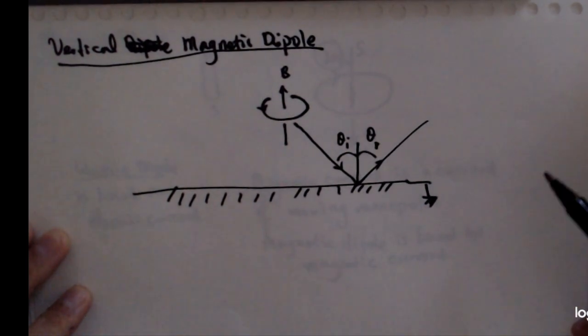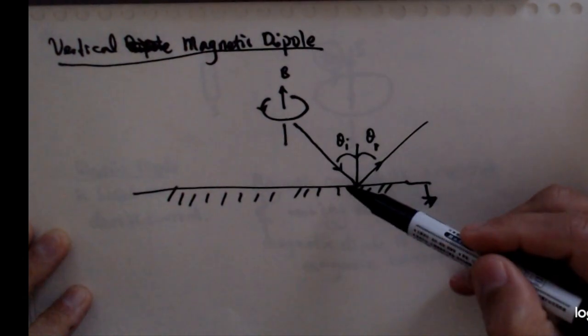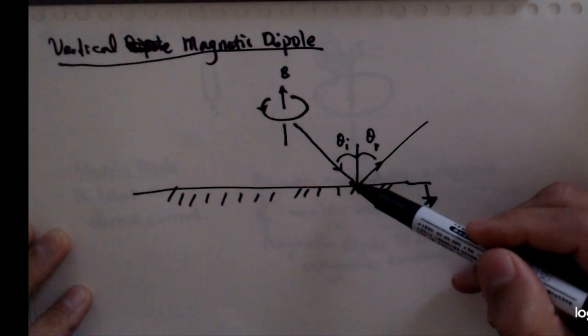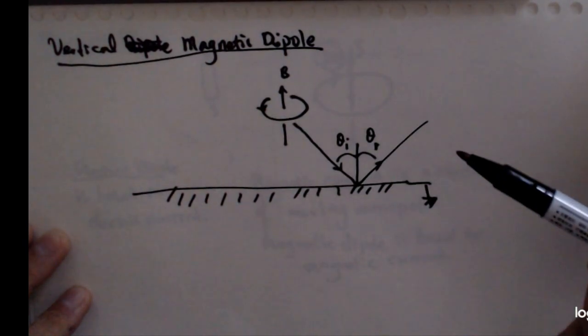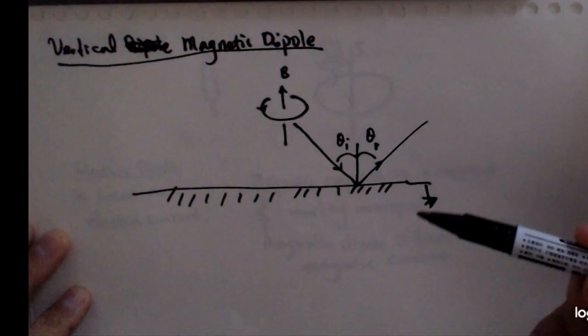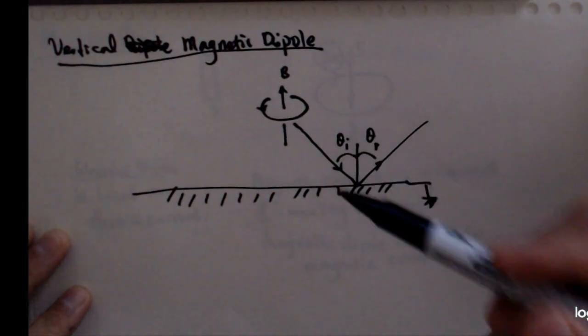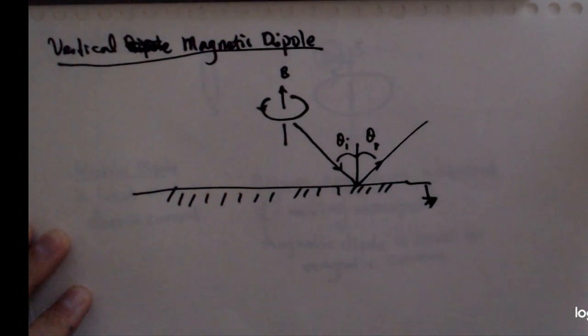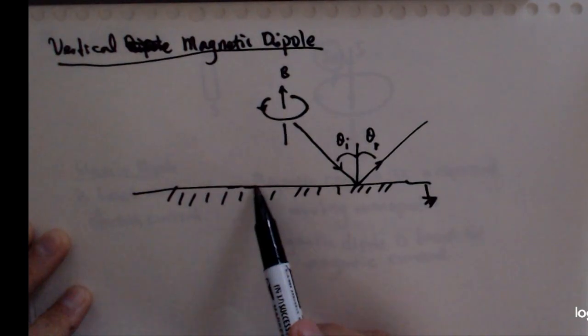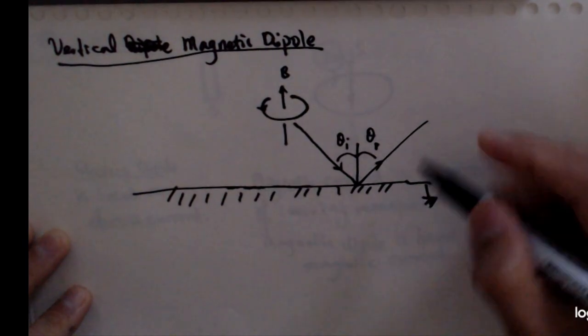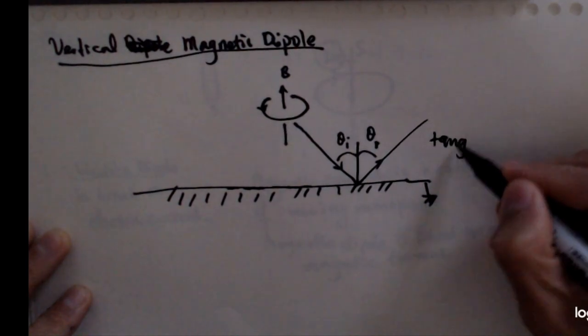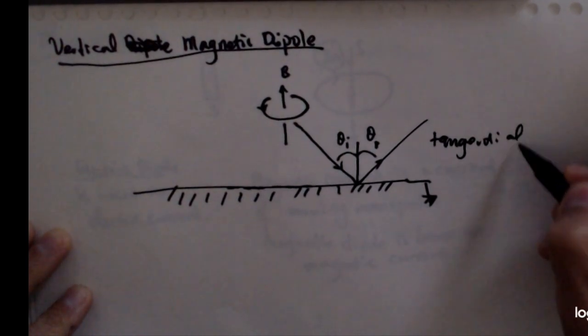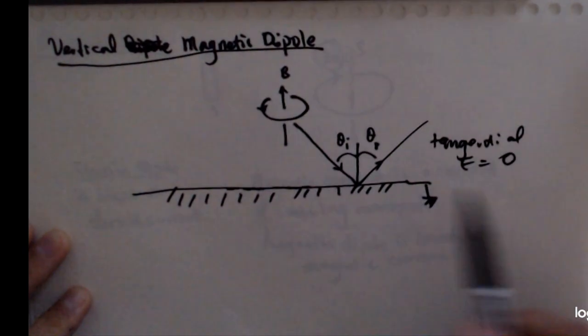Now, right at the interface, the tangential electric field is zero. There is no tangential electric field.